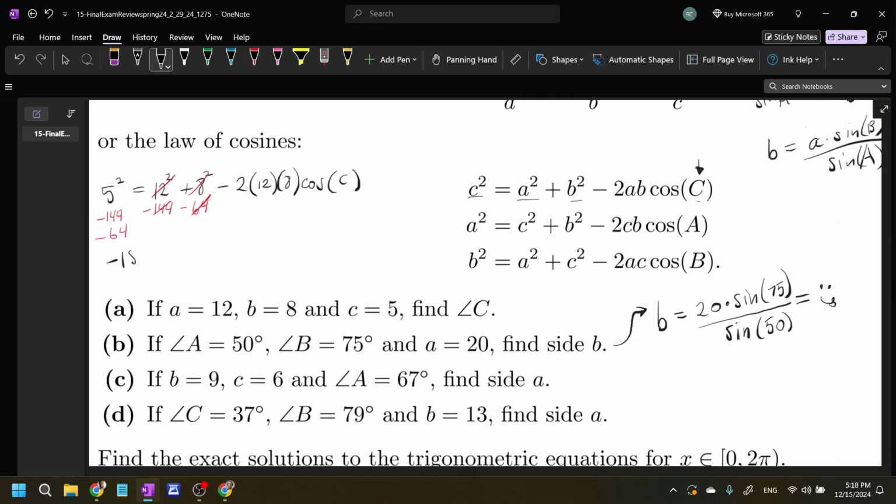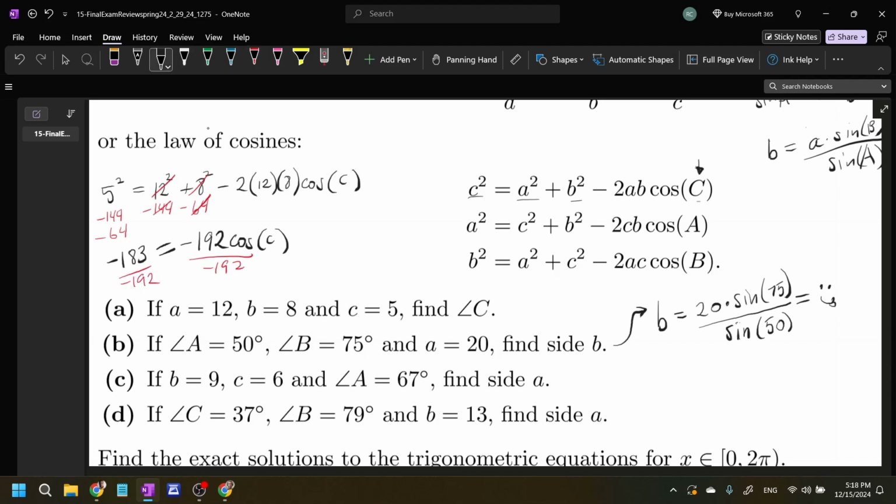So negative 183 is equal to, I'm going to go ahead and multiply this 2 and this 12 and this 8 as well. 2 times 12 times 8 gives us 192. So negative 183 equals negative 192 cosine C. Now we just divide both sides by negative 192.